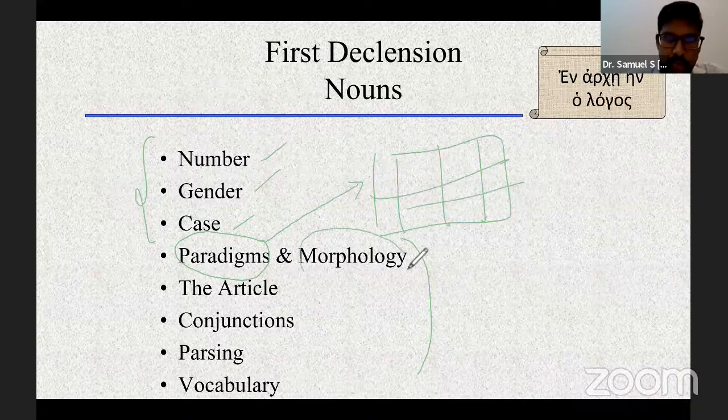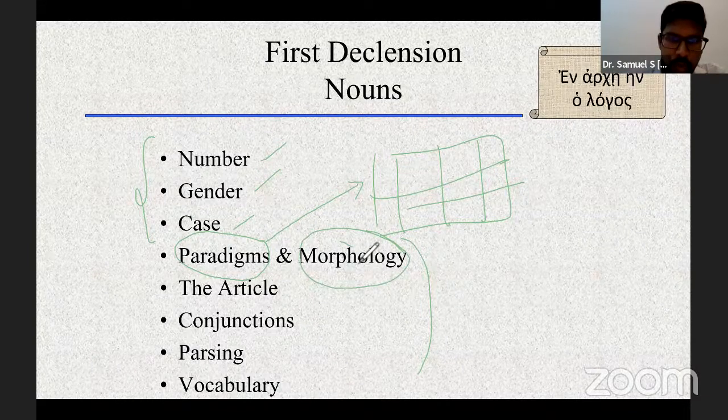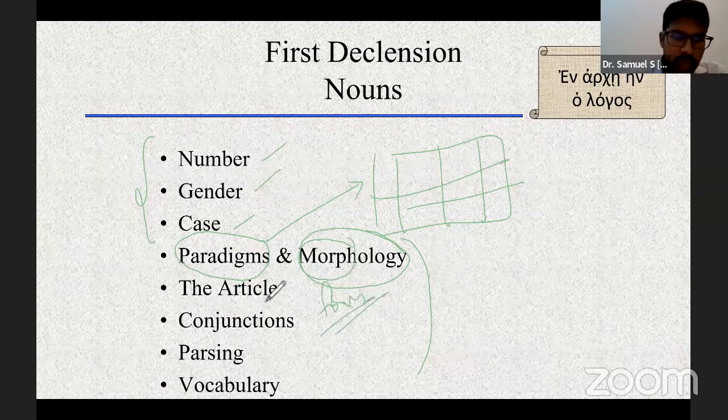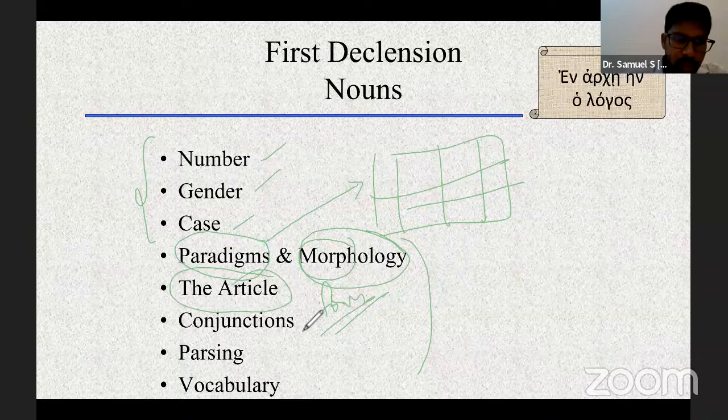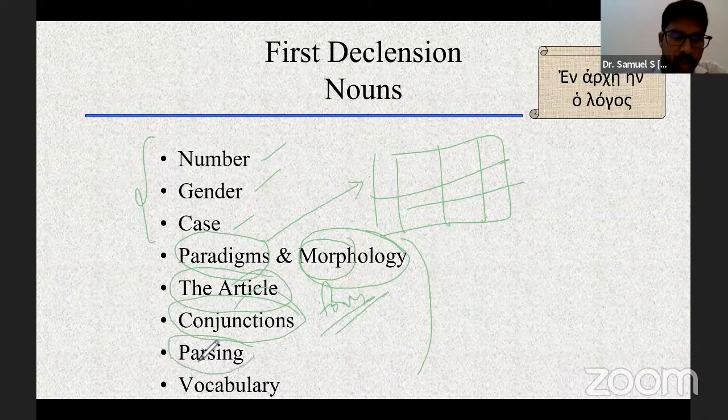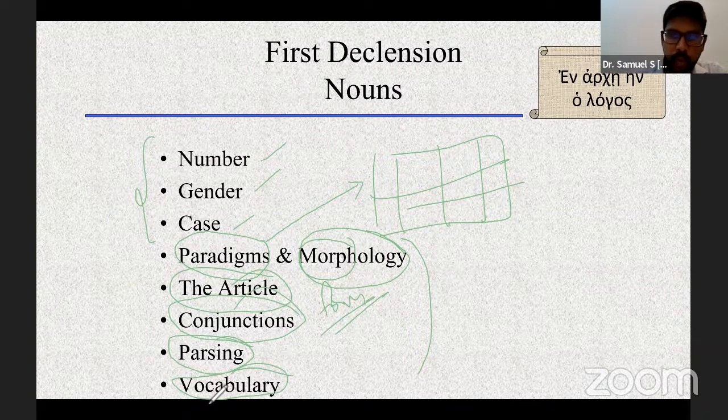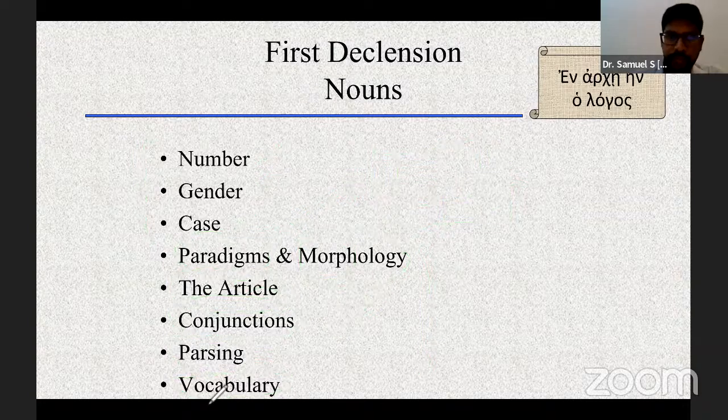And we'll look at what is morphology. Morph is a form, the study of forms. We'll look at the article. We'll look at conjunctions. And we'll look at this idea of what is parsing. And a second set of vocabulary words. Let's get started.